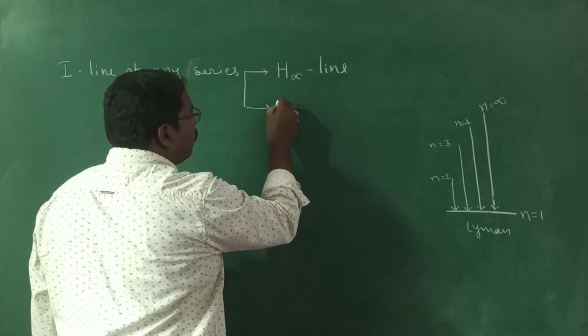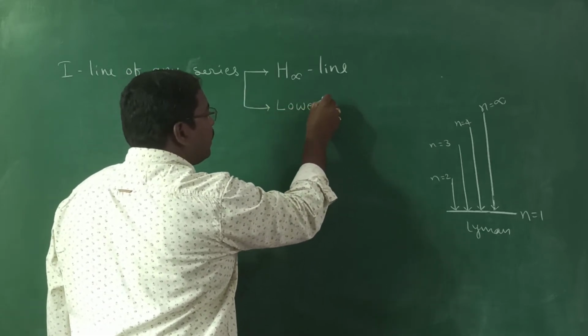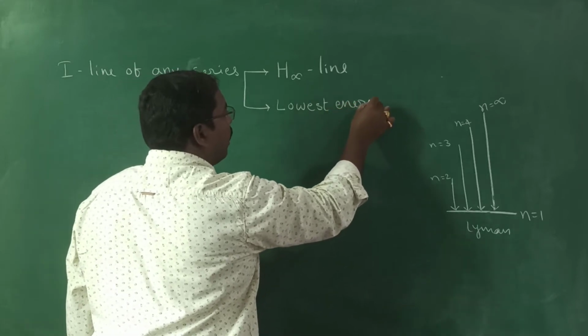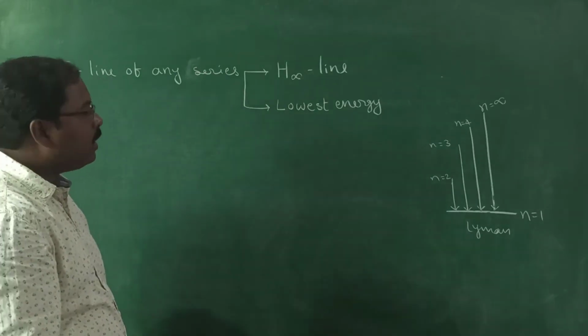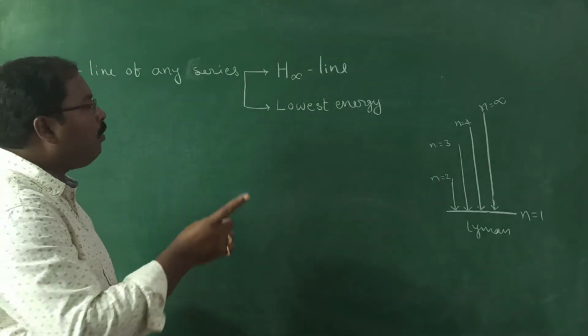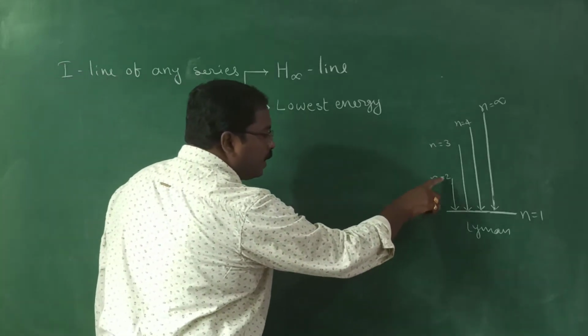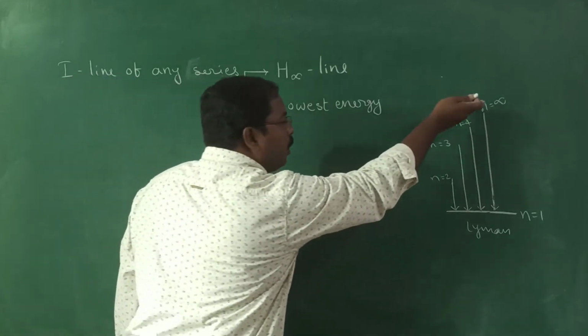So, the first line of any series, not only Lyman series, the first line of the series definitely will have less energy. So, this first line is also known as the lowest energy line. Okay? The first line of any series will have the lowest energy, because the energy gap between the two levels will be less when compared to higher to lower.